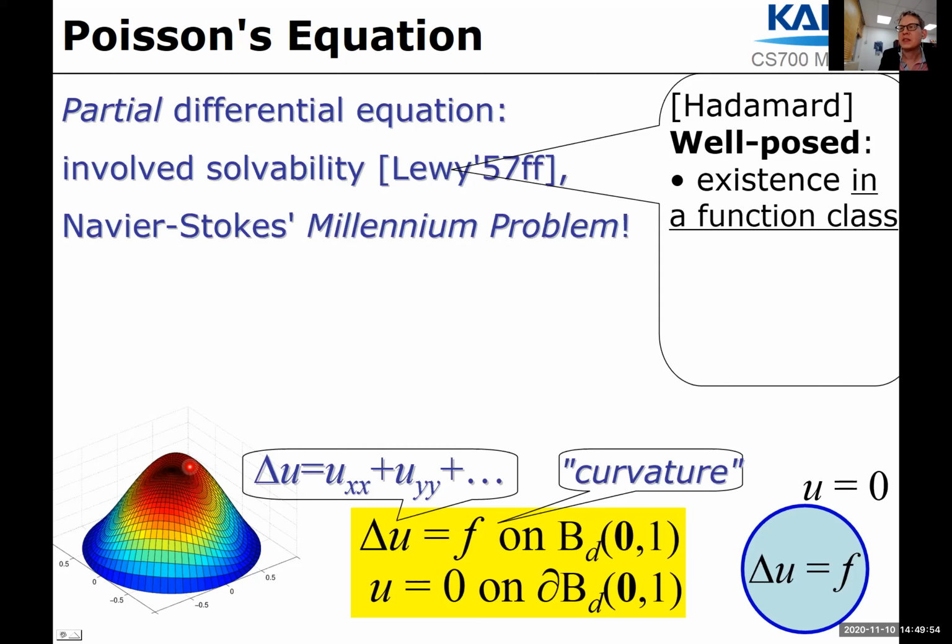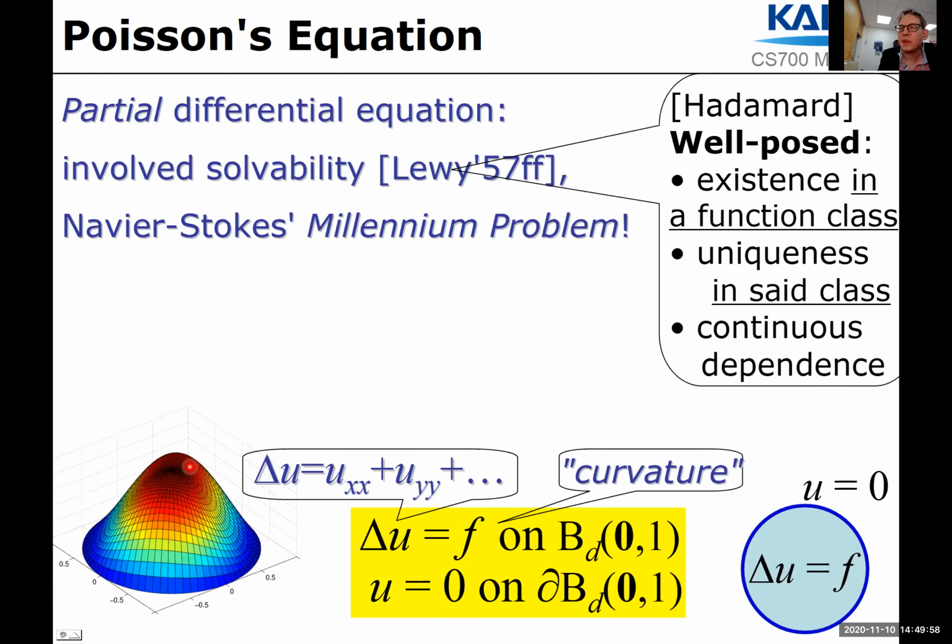So the solution must exist, the solution must be unique, and the solution must depend continuously on the data, where data can mean initial condition or boundary condition. And also when referring to existence and uniqueness, these are meant to refer to a certain function class.